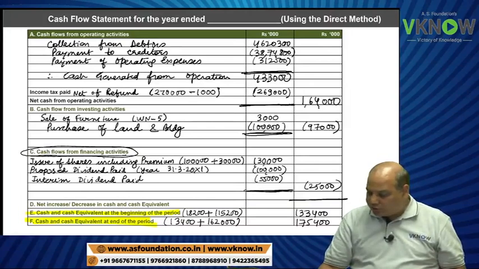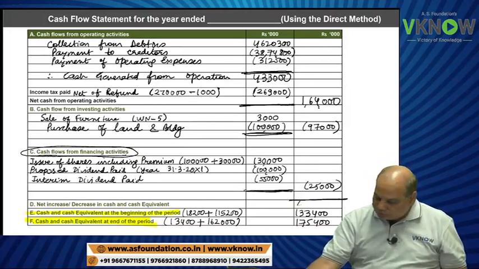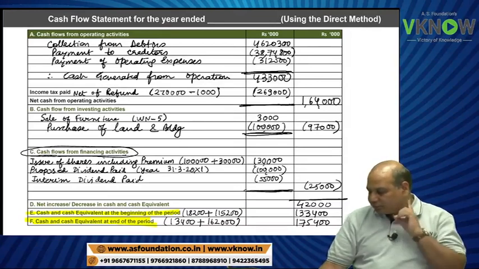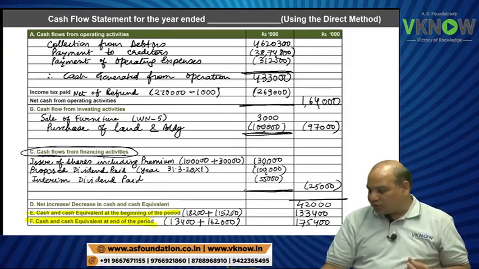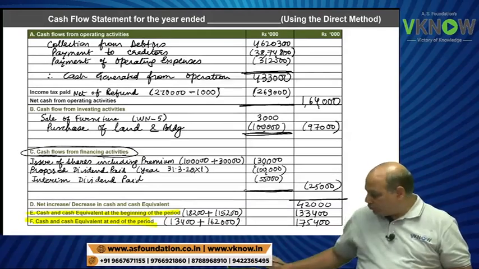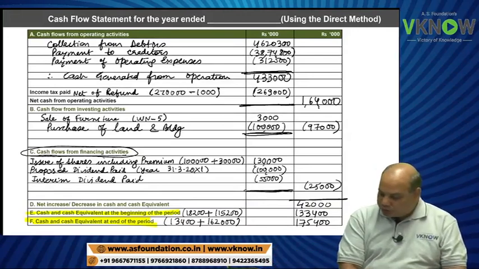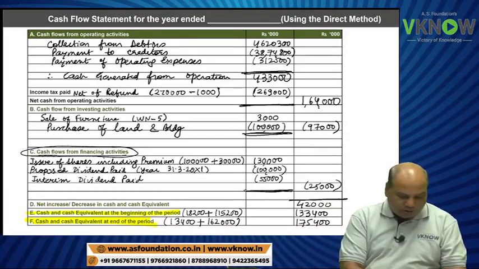Net increase, Jan is saying 42,000. 42,000 seems to be right because the total is telling.